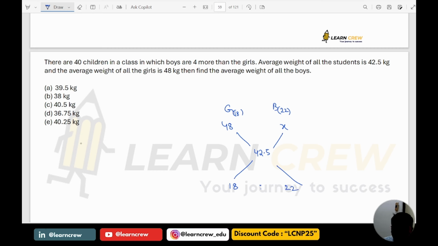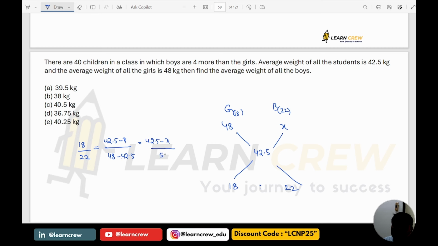So now what you can say, 18 by 22 is equal to 42.5 minus x divided by 48 minus 42.5.